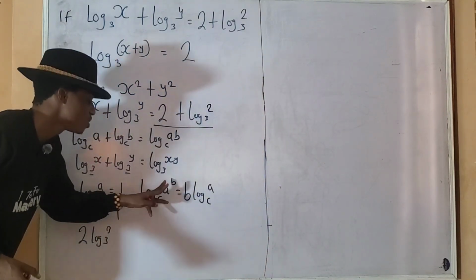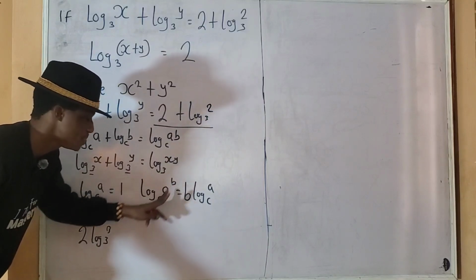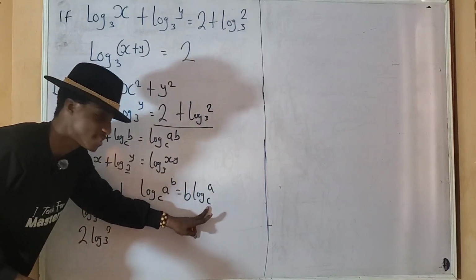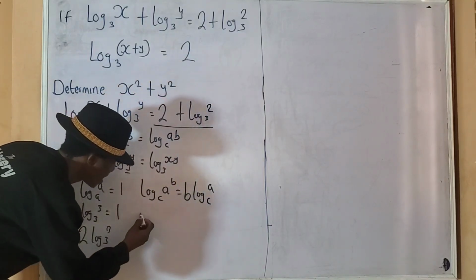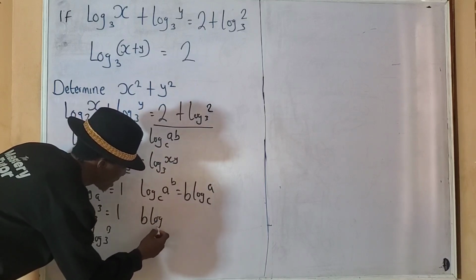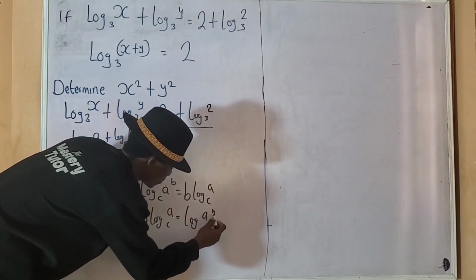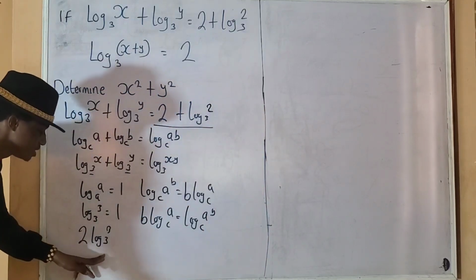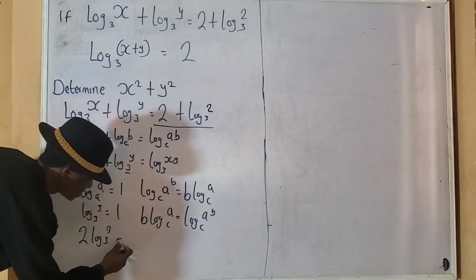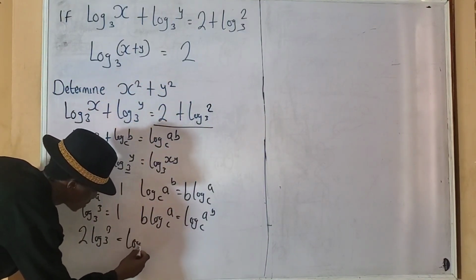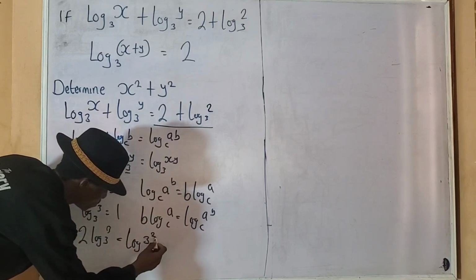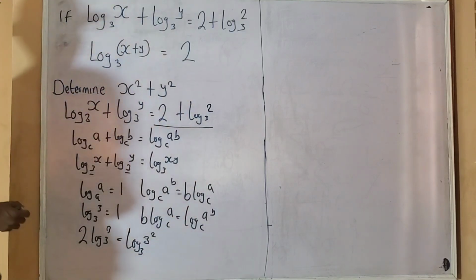That is, log a raised to the power of b base c is b log a base c. So b log a base c can be written as log a raised to the power of b base c. I'm going to use the same law here, that means here I'm going to have log 3 raised to the power of 2, base 3.